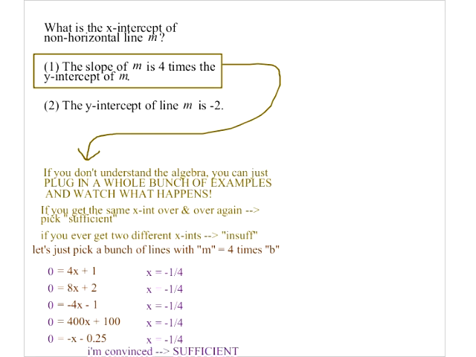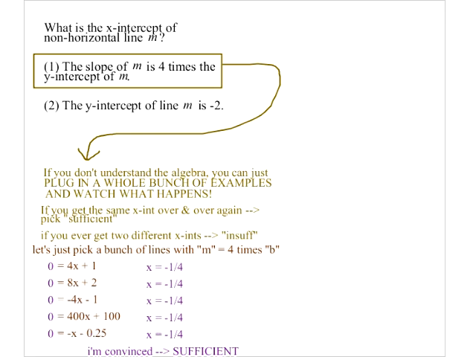If you don't understand the algebra, this is what you should immediately start to do. You would be surprised how many data sufficiencies will yield to this, where if you don't know what's going on, you just start volleying examples at it until it gives you the secret, basically. It's kind of neat.